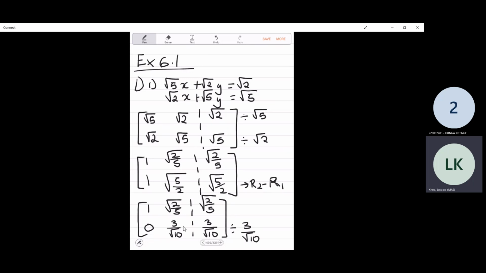Then I'll get 0, 1, 1, and then from there, if I have a 1 here, I multiply it by square root of 2 over 5 and then subtract so that I can make a 0 over here.